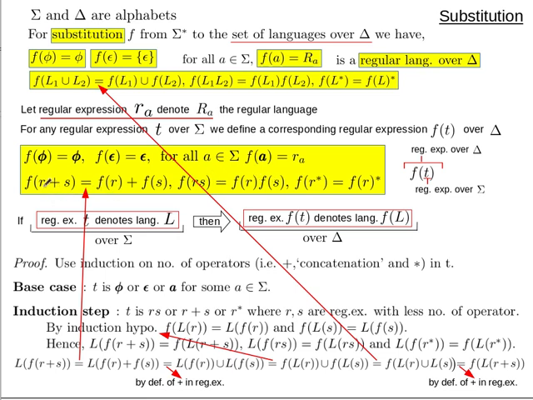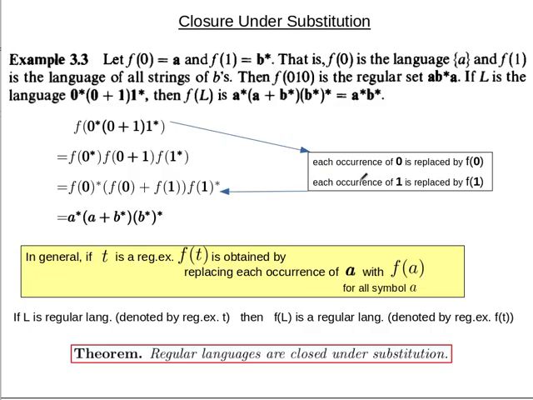If you have a plus, you can push the f inside. If you have a star, you can push the f inside. So first you break the concatenations, so you get f of 0 star, f of 0 plus 1, f of 1 star. So these are still regular expressions over sigma, and then you can take this Kleene star outside, right? You can push this f inside this plus. So this is what you get.